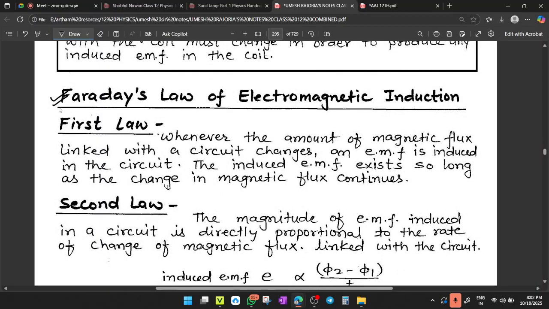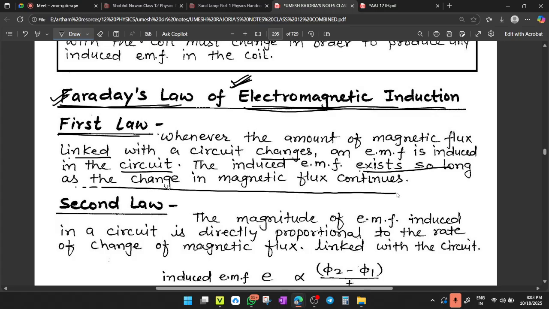Faraday's law. After Faraday's experiment, Faraday gave two very important laws of electromagnetic induction, and the whole of electromagnetic induction runs on these laws. First law: whenever the amount of magnetic flux linked with a circuit changes, an EMF is induced in the circuit. The induced EMF exists so long as the change in magnetic flux continues.